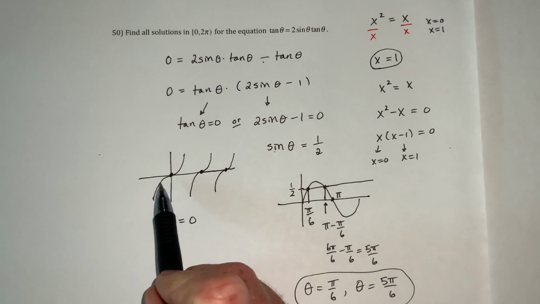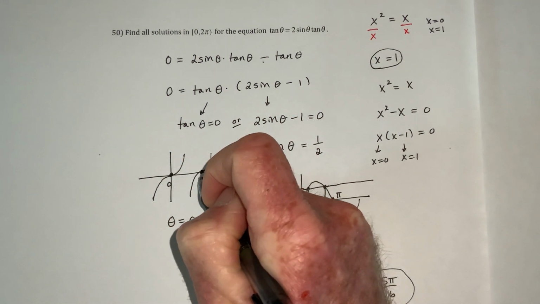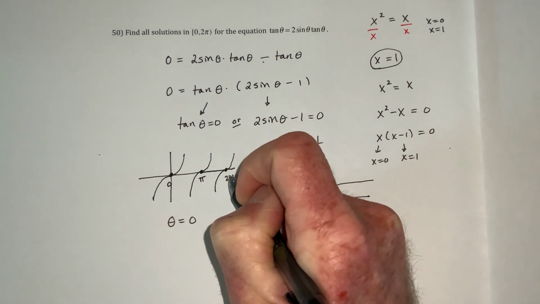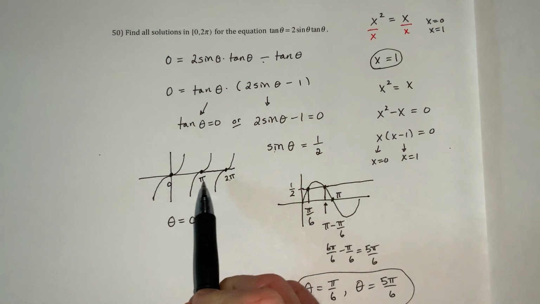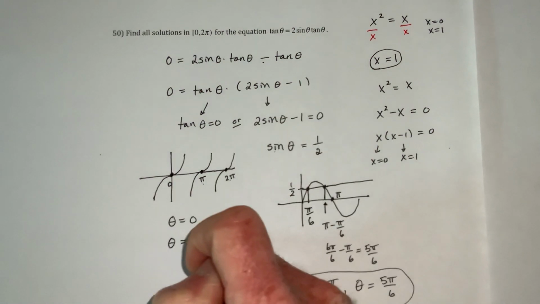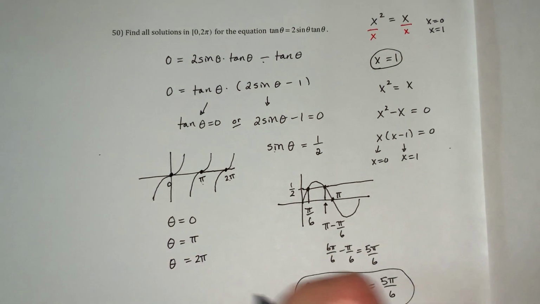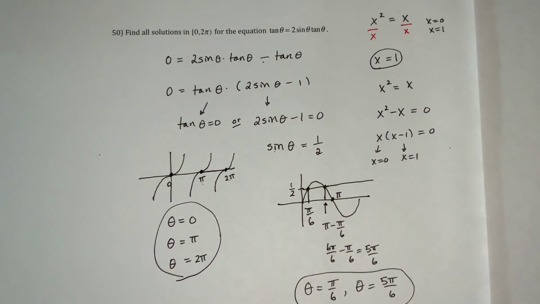Because the period of tangent is pi, that means that this one is at 0, this one is at pi and this one is at 2 pi. And these are the two answers I was missing previously. So just throw those into the pile. And then there's all 5 solutions.